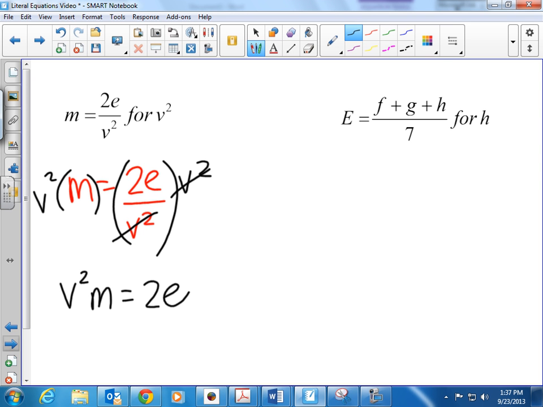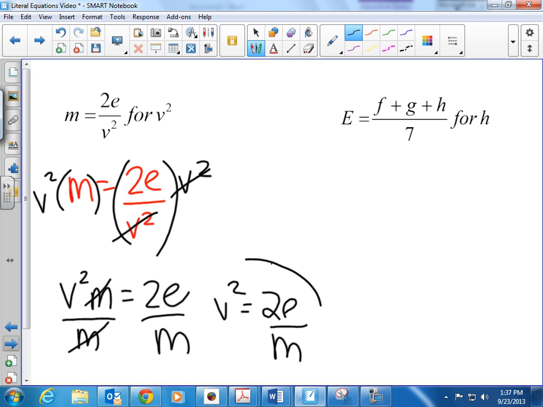V squared right now is being multiplied by m, so I do the opposite and divide by m. My m's cancel, and I'm left with v squared equals 2e divided by m. That's as far as you can take it, guys, because you can't actually do that division. They're not numbers, they're variables, and so that's as much as we can do. They asked us to get v squared alone. That's what we did. We're done.